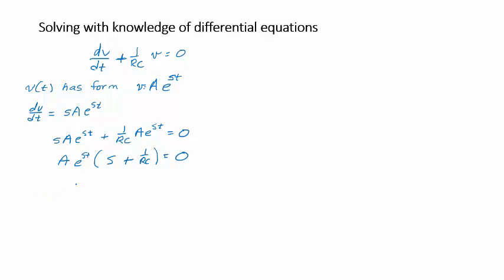So we get s plus 1 over rc equals 0 is one possible solution, or s equals minus 1 over rc is the other possible solution, correct?